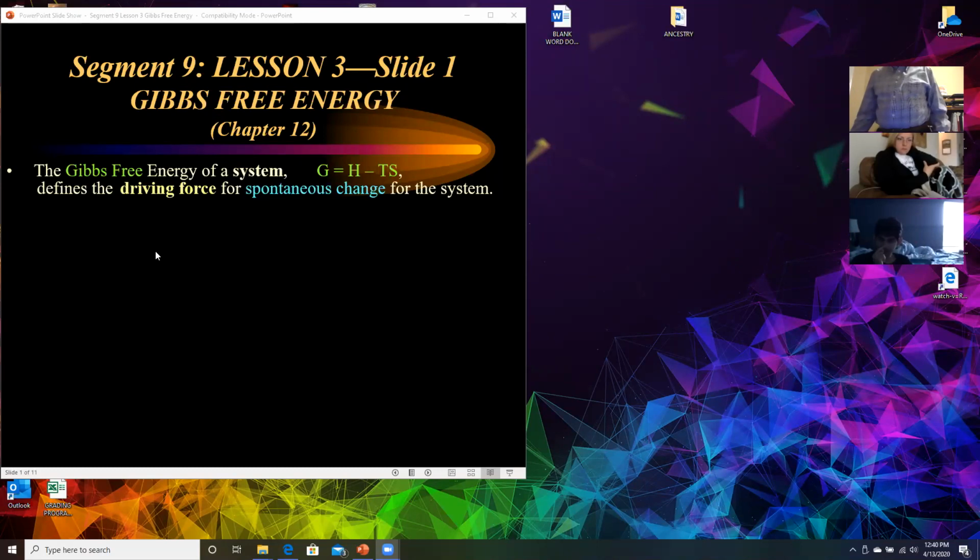And delta S is the change in the disorder or randomness that takes place when a process is occurring. Now, the nice thing about delta G is it helps us to identify those processes that will happen by themselves. And they're the ones that are really extremely important.